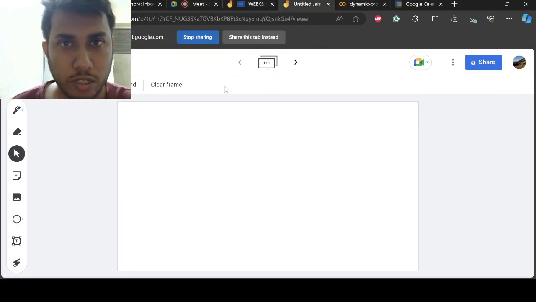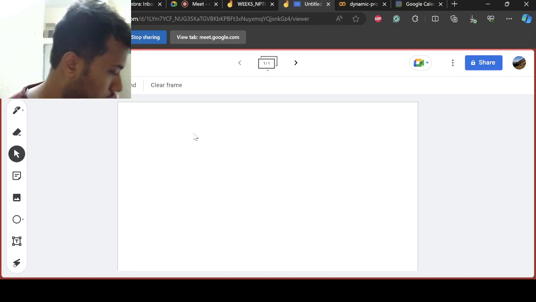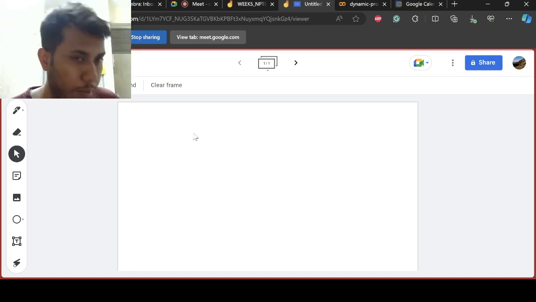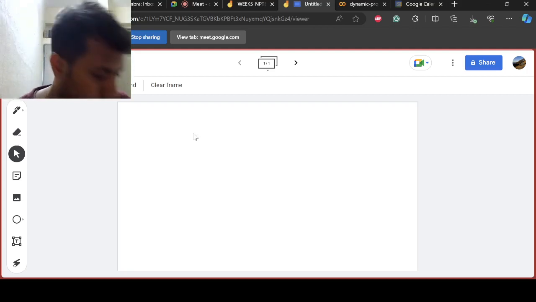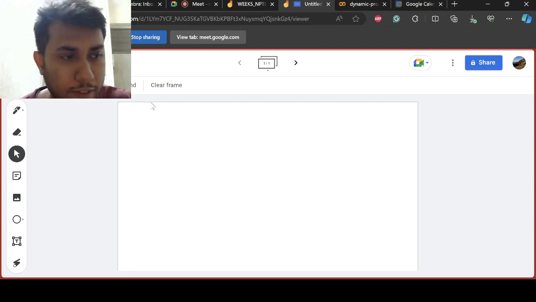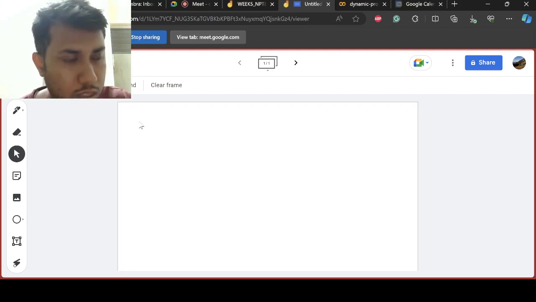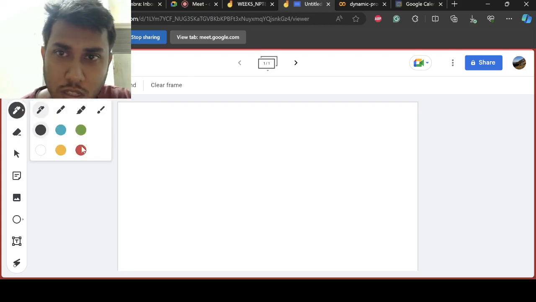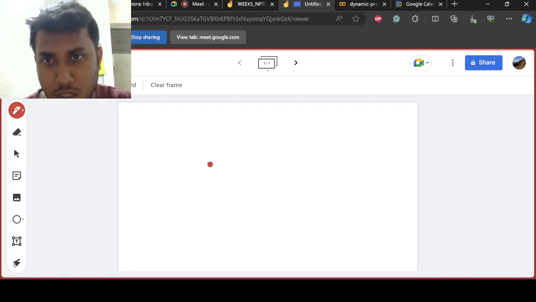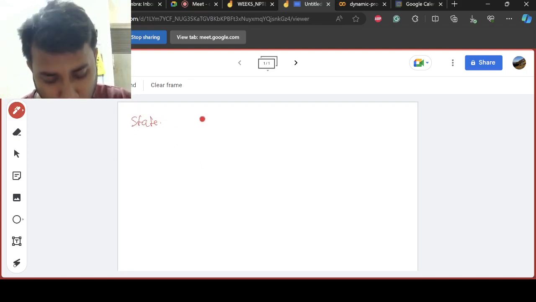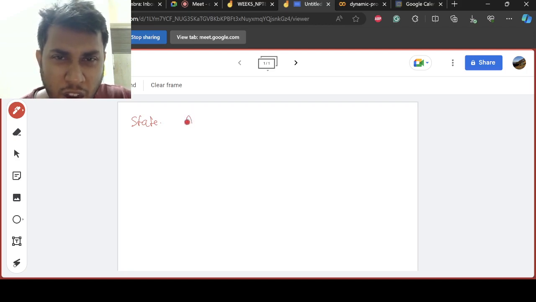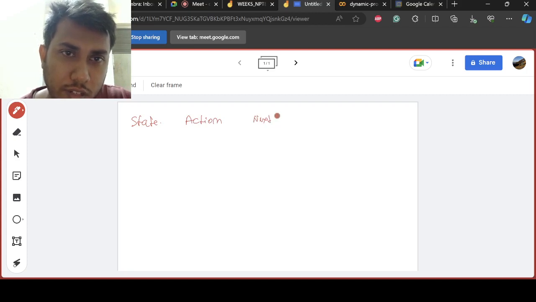Okay, so let me come here. First I need to draw the reward table and the action table. What you have currently is state, action, next state, reward.